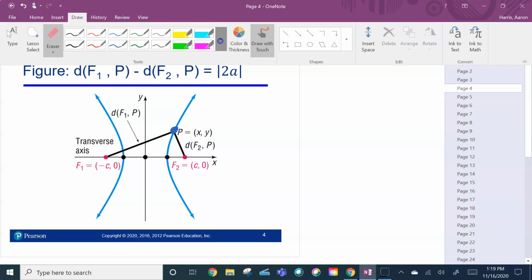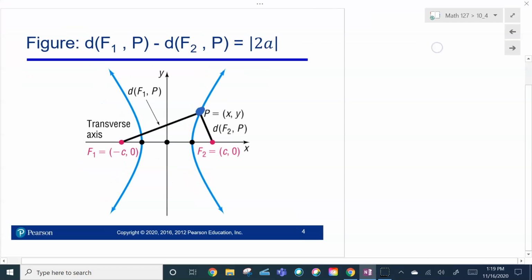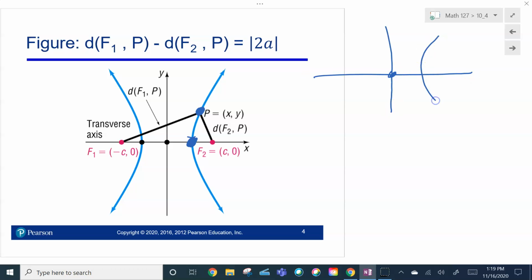If I put this point P right here, let me give you some points on a hyperbola. If your center's right there, your distance to the vertex, one of the vertices, is a. The distance to the focus is c.